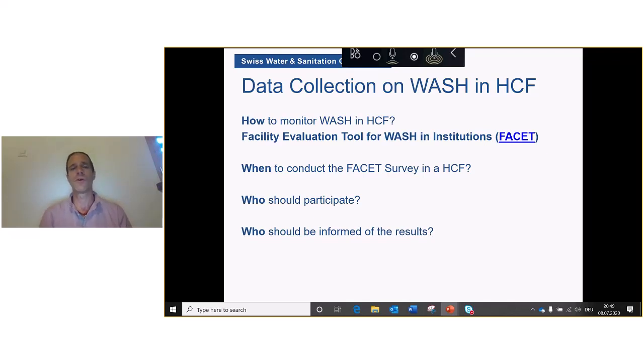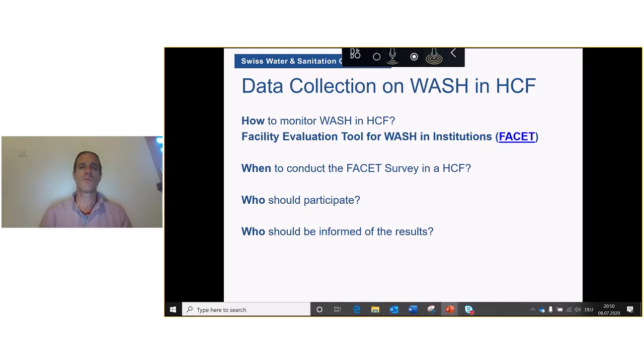In terms of who to involve, it's highly recommended to have someone from the healthcare facility management staff or the person in charge of the healthcare facility accompany you when you do the survey. If possible, also municipal and district authorities can accompany you.